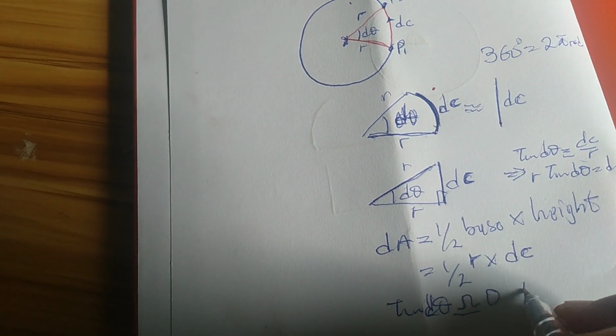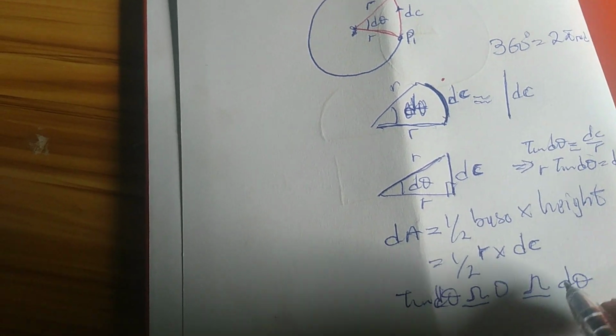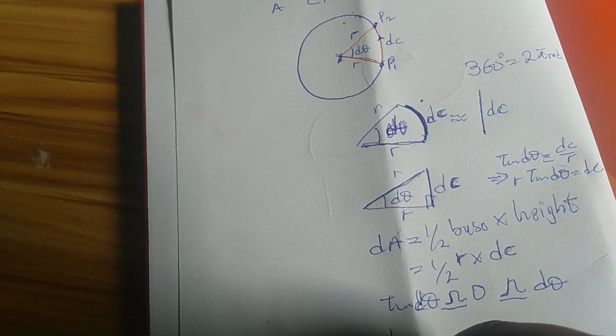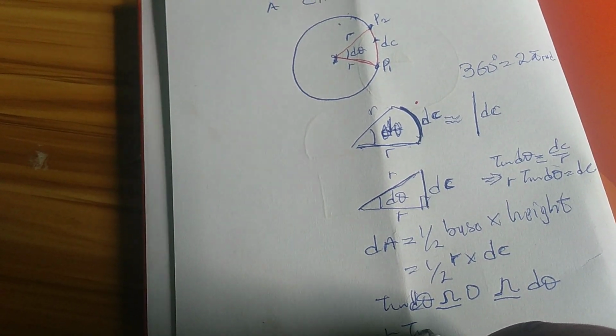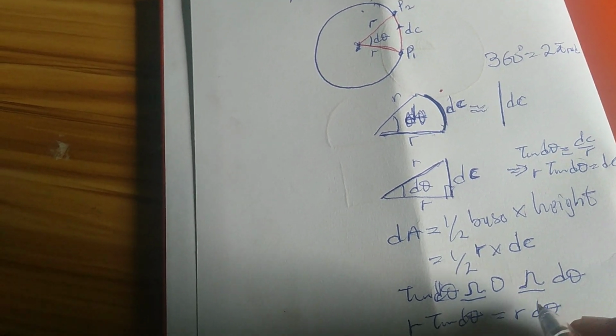But we should know something. tan dθ is very small and is approximately equal to dθ. dθ too is a very small quantity, so I can equally approximate tan dθ to dθ. So in a nutshell, r tan dθ can be written as r dθ.